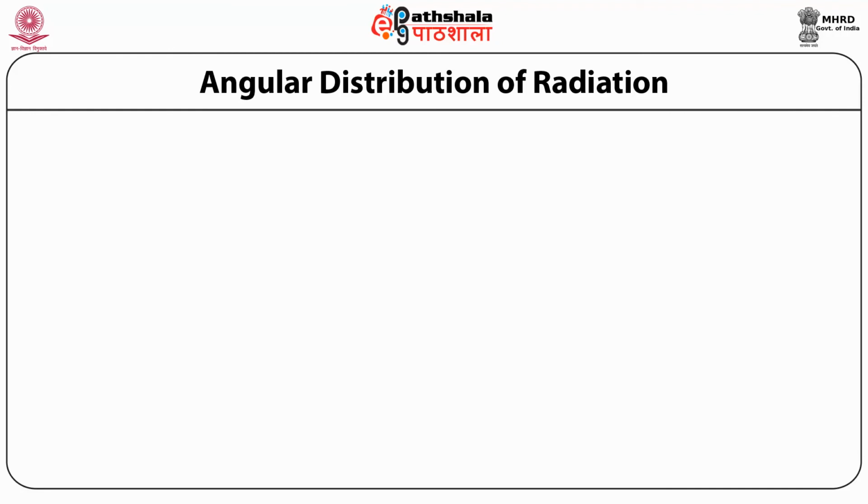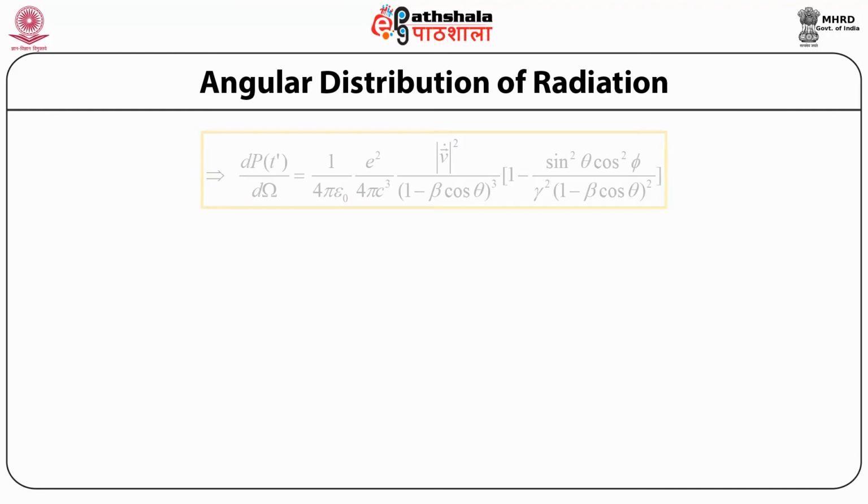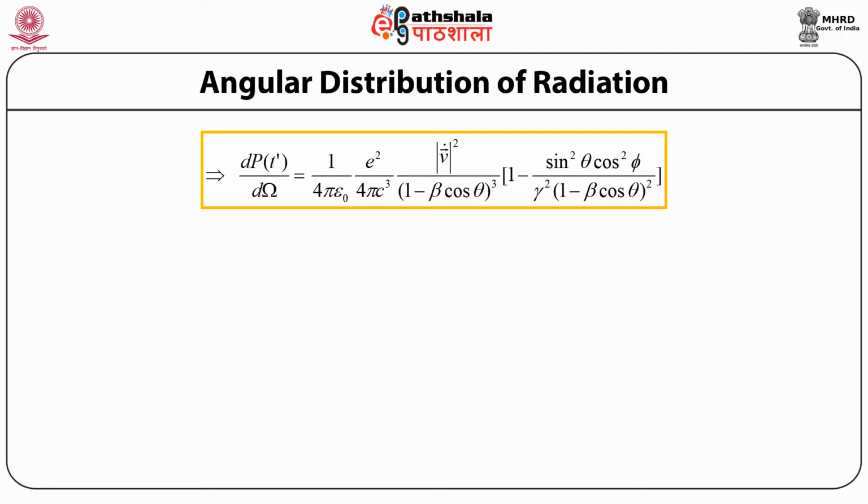So the power radiated can be written as dP(t') divided by d omega equals 1 divided by 4 pi epsilon naught into e square divided by 4 pi c cube into mod of v dot square divided by 1 minus beta cos theta whole square, whole into bracket 1 minus sin square theta cos square phi divided by gamma square into 1 minus beta cos theta square bracket close.